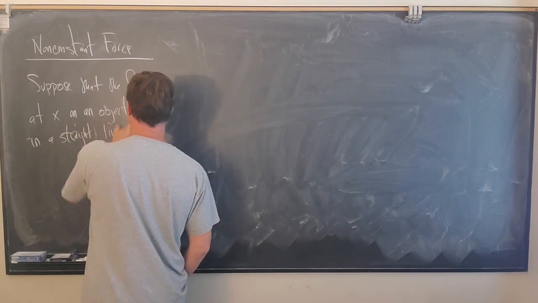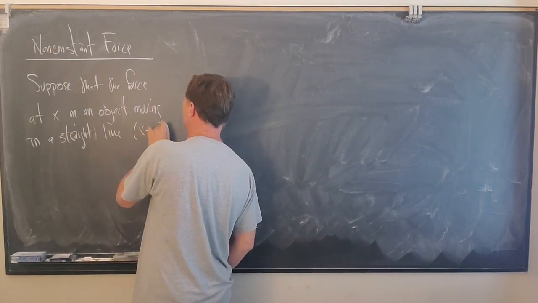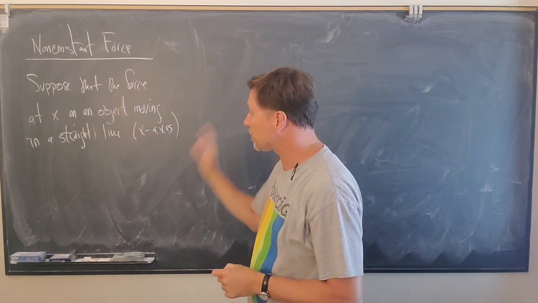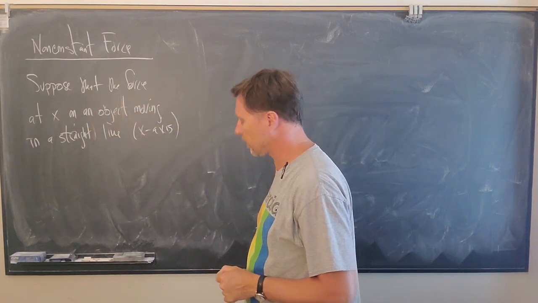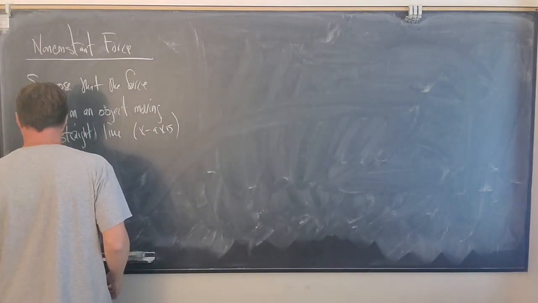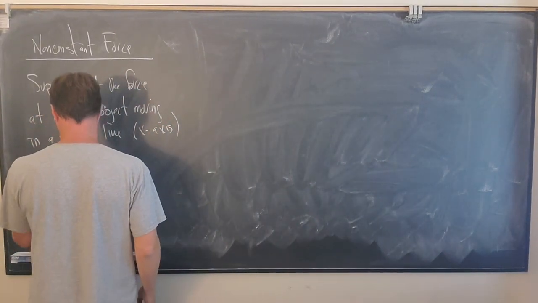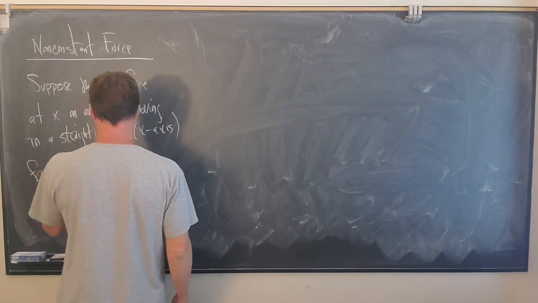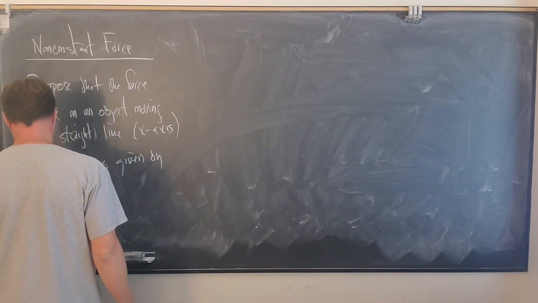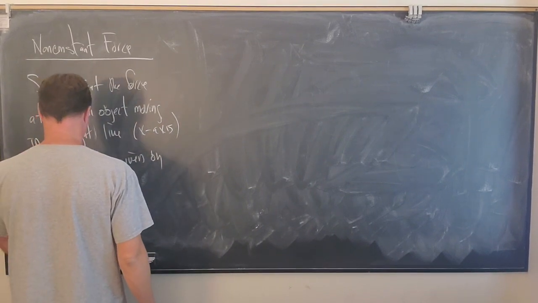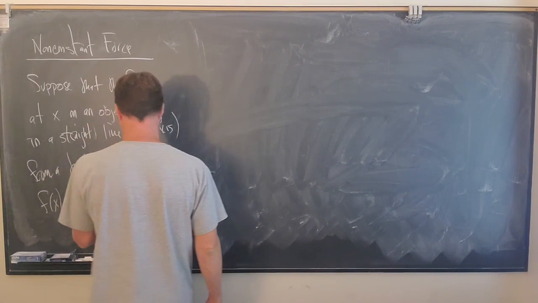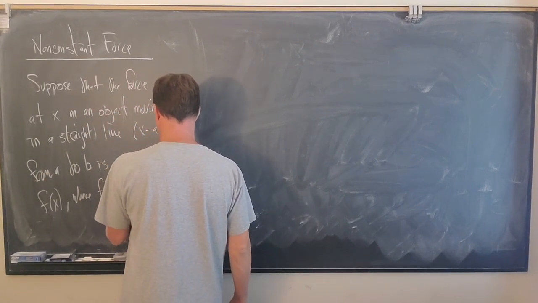And here, I want to think of this straight line, just think of it as the x-axis. So we've got a force acting on an object at position x, and this object's moving in a straight line, and I should say from, let's say, point A to B, is given by f of x, where f of x is continuous.